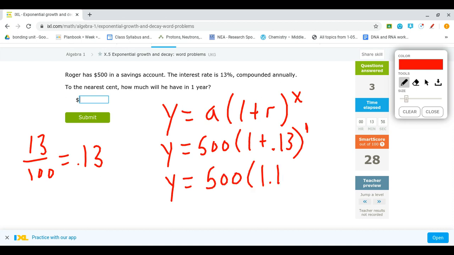If you want to simplify what's in parentheses first, and now you could use your calculator. 500 parentheses 1.13 raised to the first power. You get $565. Now just be careful. This problem says how much will he have in 1 year? So he will have $565. The last problem only asked you how much interest he had earned.